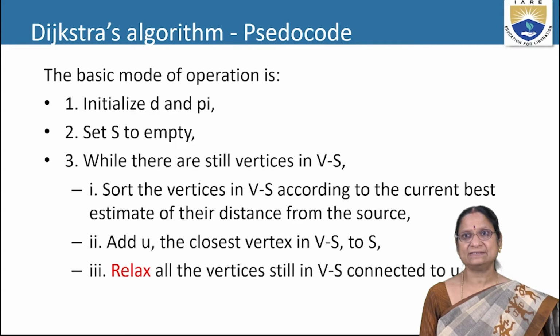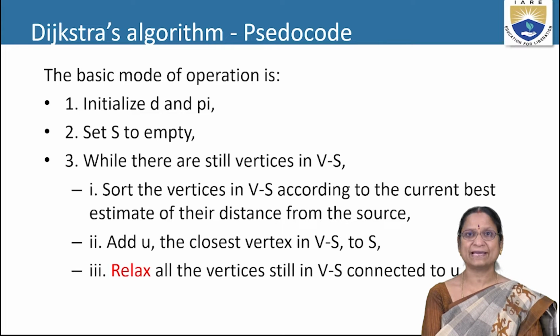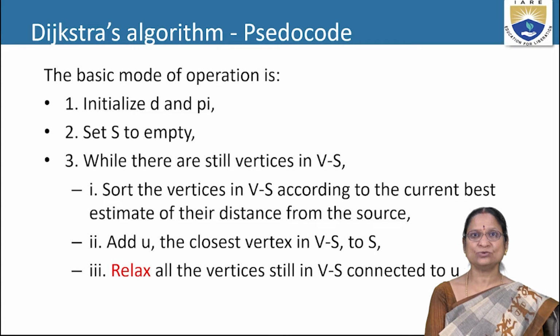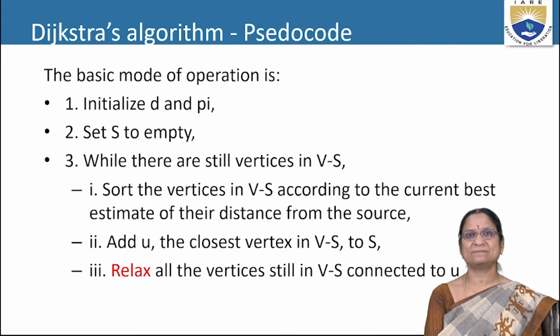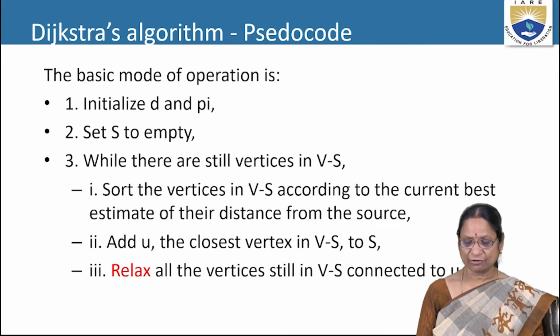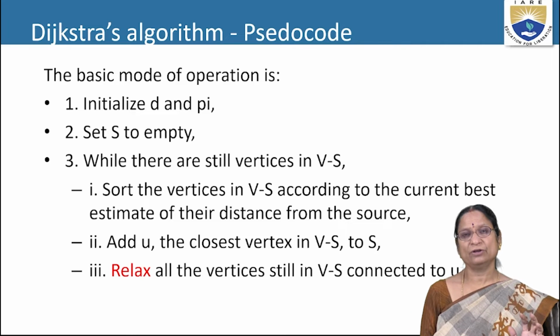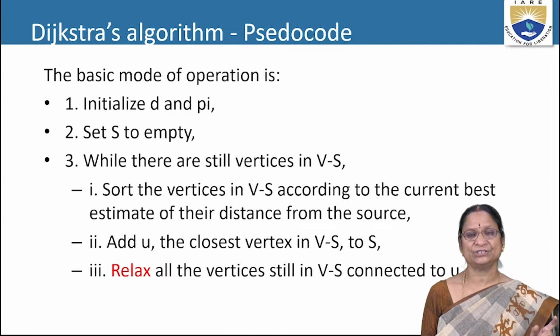While there are still vertices in V minus S, meaning vertices to which the shortest distance still has to be calculated, the following steps are repeated. Sort the vertices in V minus S according to the current best estimate. At each iteration we estimate the reachable cost to each vertex, and we select the vertex with the shortest distance from the source.